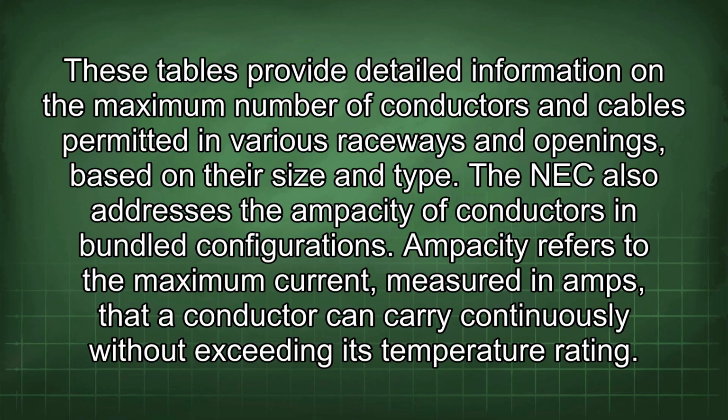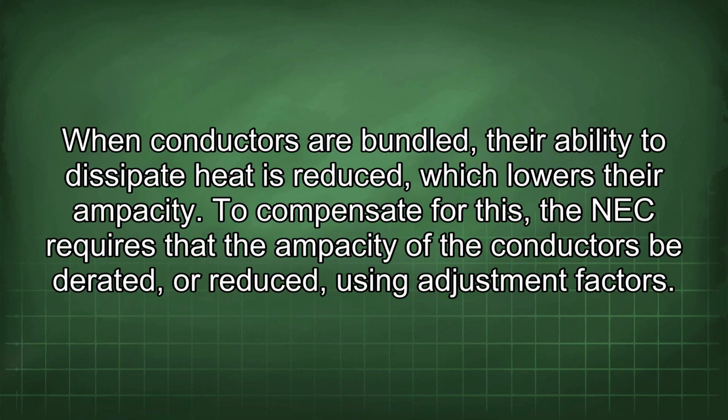Ampacity refers to the maximum current, measured in amps, that a conductor can carry continuously without exceeding its temperature rating. When conductors are bundled, their ability to dissipate heat is reduced, which lowers their ampacity. To compensate for this, the NEC requires that the ampacity of the conductors be derated, or reduced, using adjustment factors.